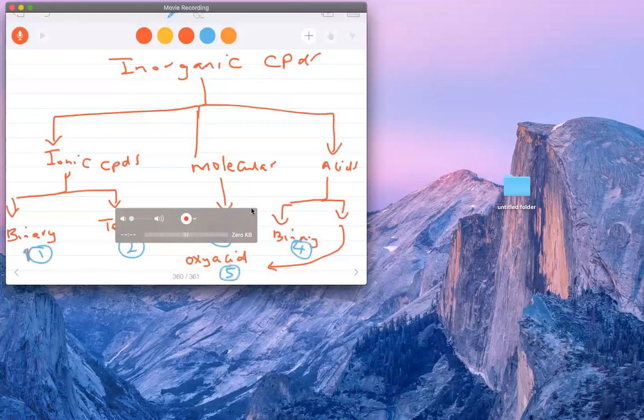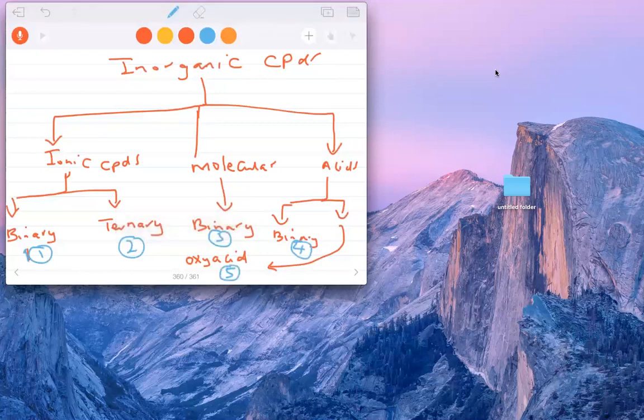So there are 5 classes of compounds we're going to look at. 1, binary ionic compounds. 2, ternary ionic compounds. 3, binary molecular compounds. 4, binary acids, and 5, oxy acids.